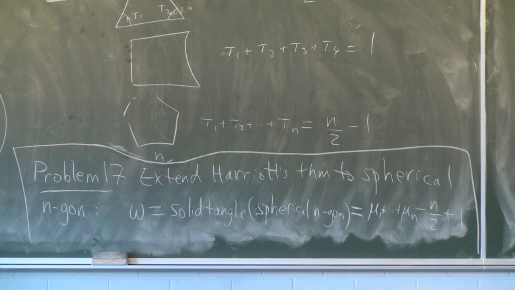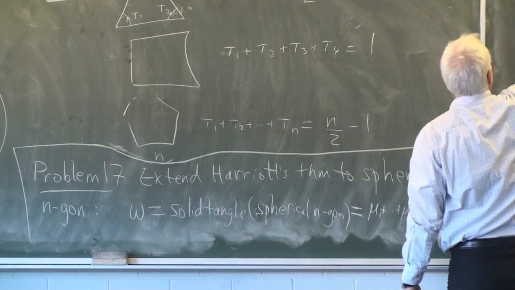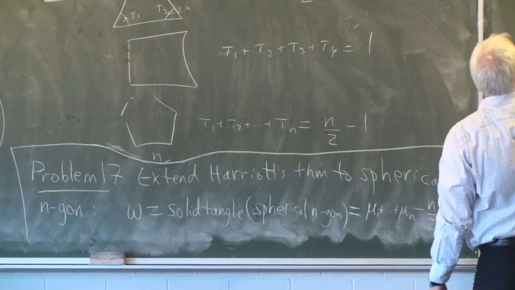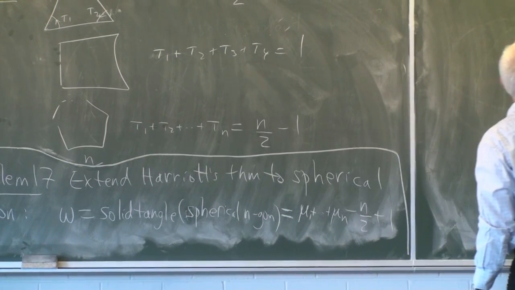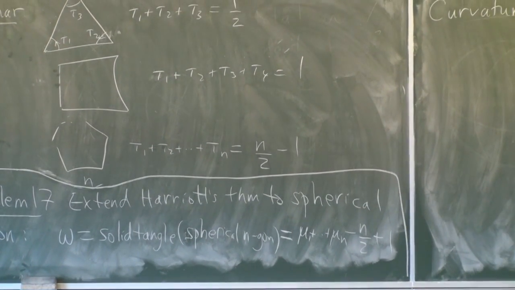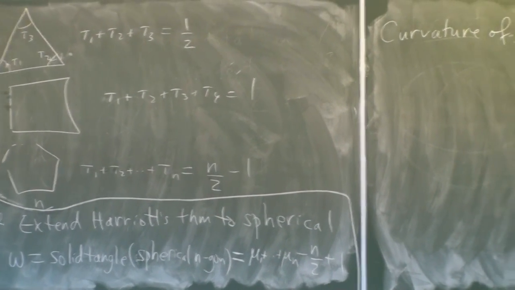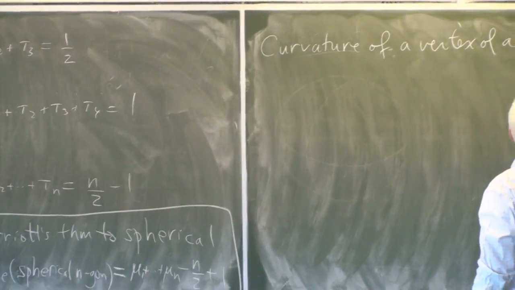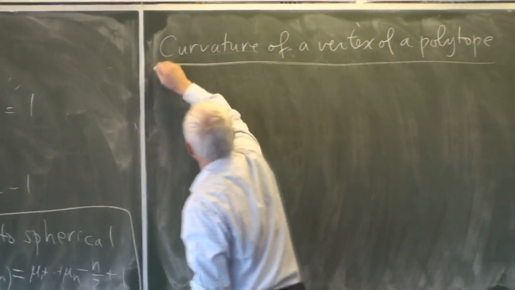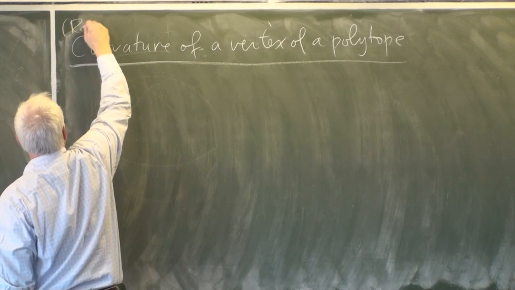Okay, so now let's define the curvature of a vertex of a polytope. And maybe I should say rational.